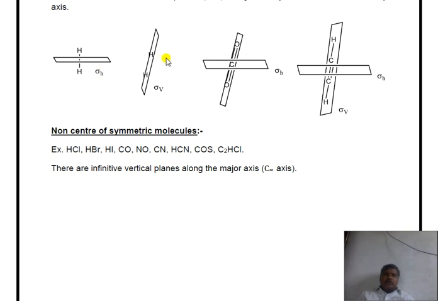In the principal axis C infinity, there is no sigma h, and there are infinity sigma v's.